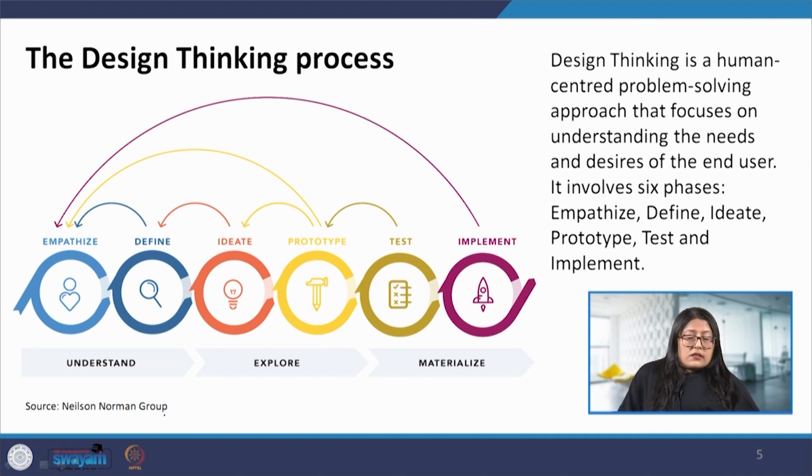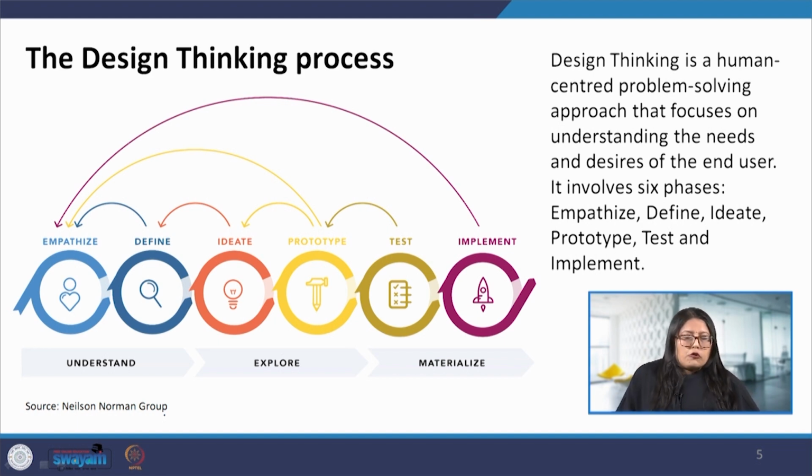Once we have selected a few good ideas from the whole basket, then we go to the prototype stage. In this prototype stage, this is a scaled down version of what the final model will look like. It is a simple model, it can be a paper model or an interactive digital representation, but using fewer resources.